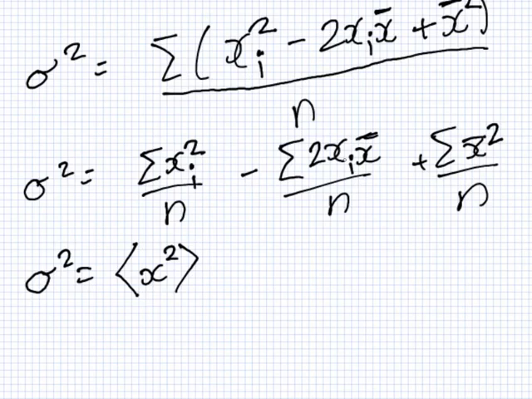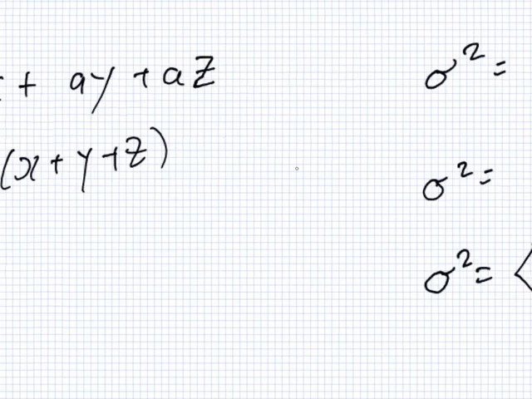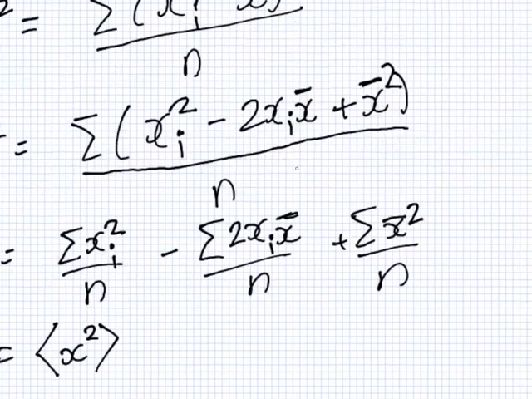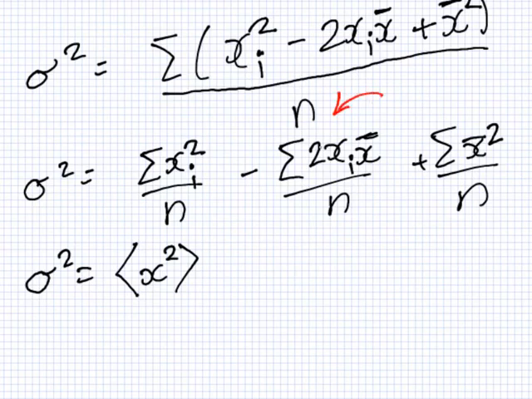So I'll show you a trick to simplifying here. Imagine that you have something like this: ax plus ay plus az. What's in common here? A. So can you take a out? Yeah. So here, in the second one, what's in common every time?